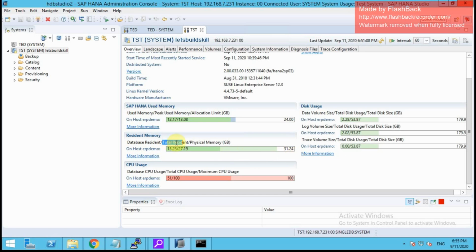Total resident is nothing but the memory which is consumed by your HANA database plus the memory which is consumed by your operating system to perform OS-level tasks or to keep its services up and running. That is total resident memory: the memory used by the database plus the memory used by the operating system to keep its services up and running.